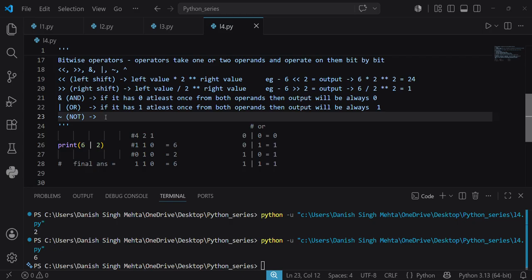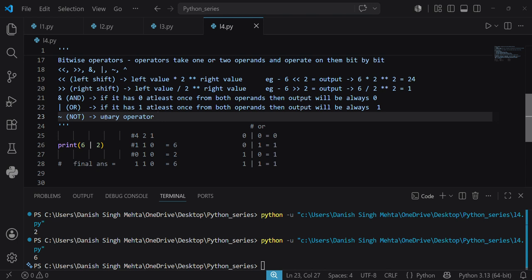So what is NOT? It is a unary operator. What is the meaning of unary operator?